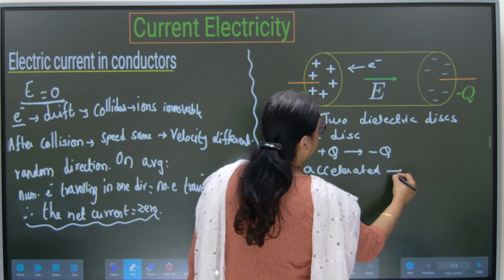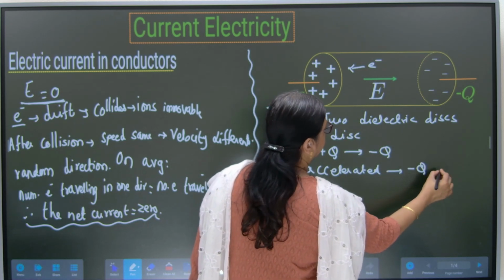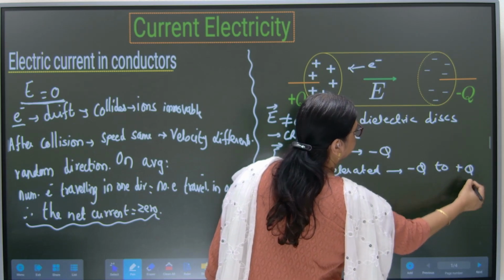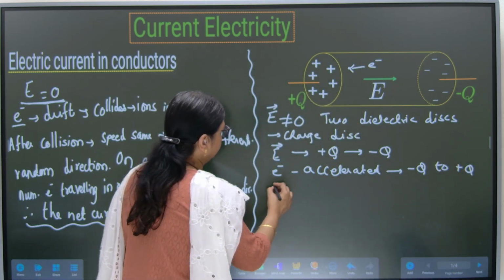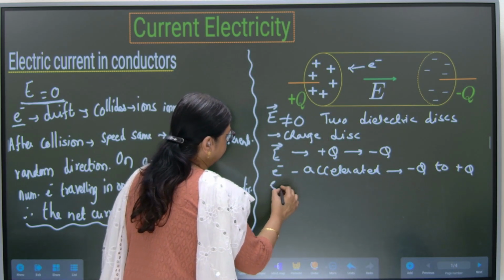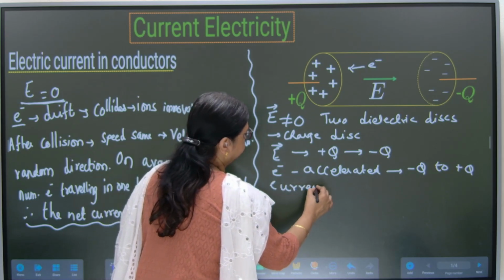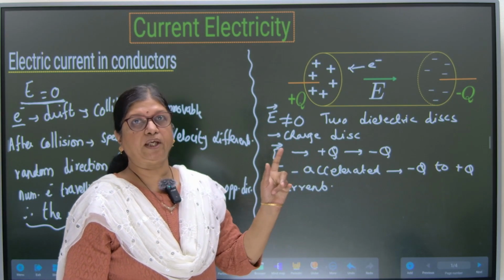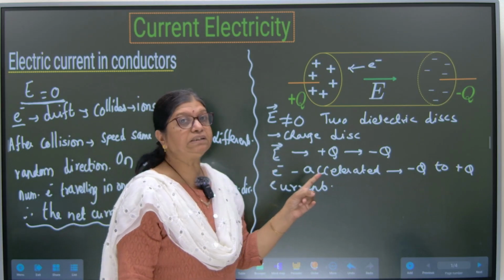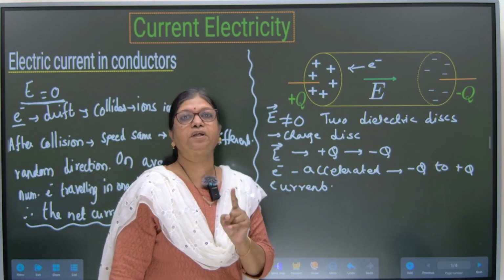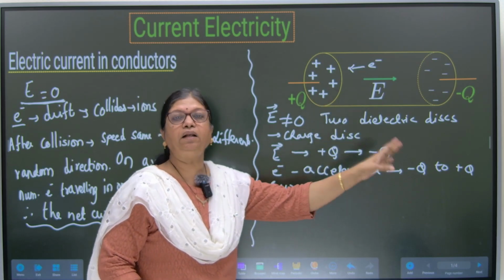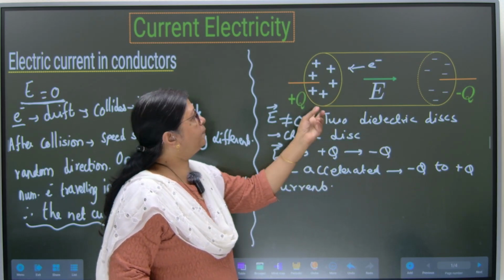Okay, from the negative charge to positive charge, and there will be a current in the conductor. Now this current will be temporary, lasting only while the electric field is available due to the presence of the charged discs or plates.